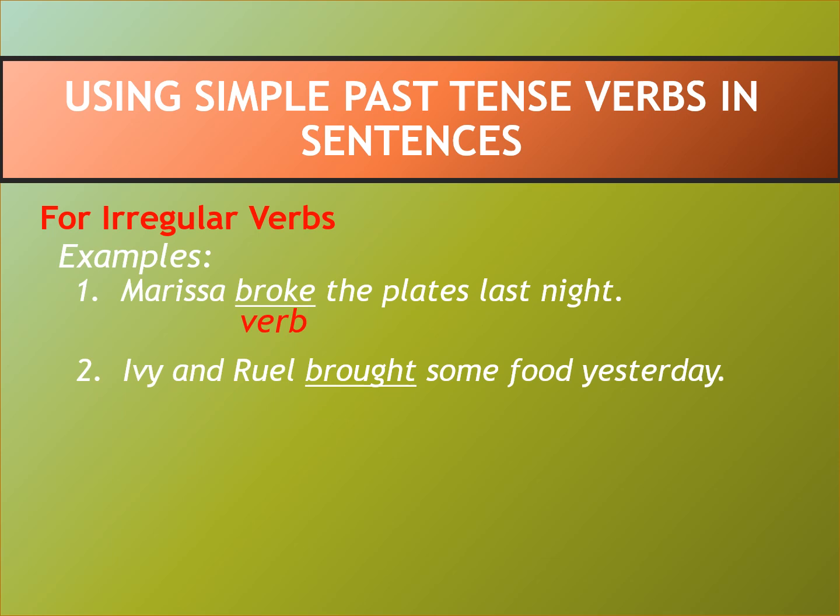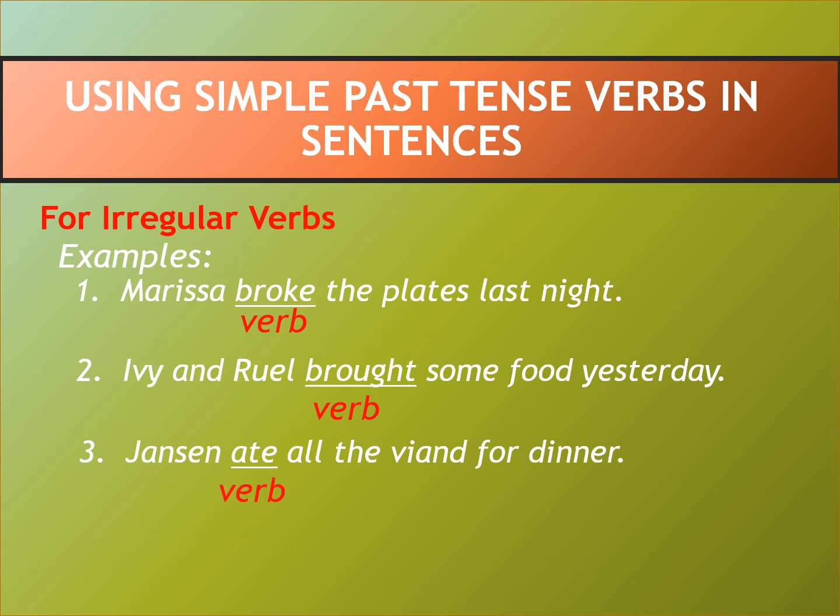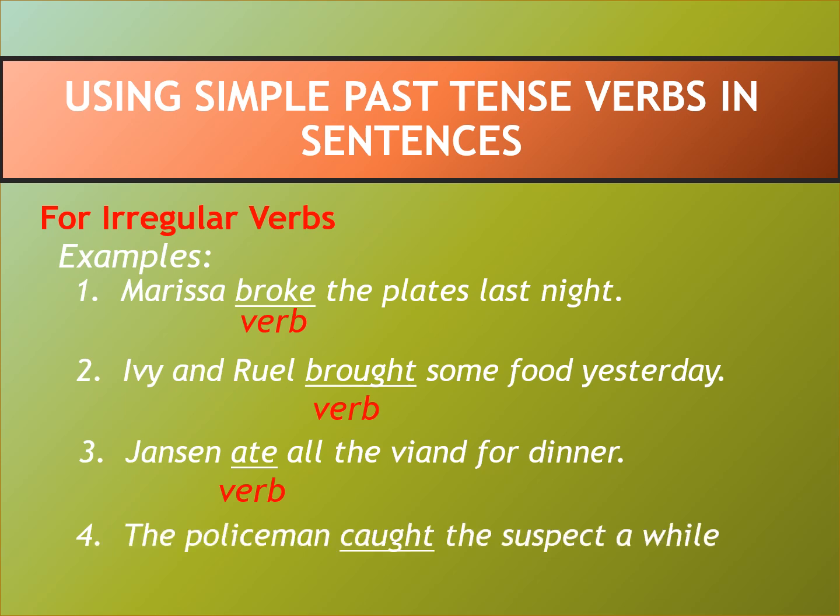Here the verb is brought. Number 3, Johnson ate all the viand for dinner. And the verb here is ate. And last example is the policeman caught the suspect a while ago, where here the verb is caught.